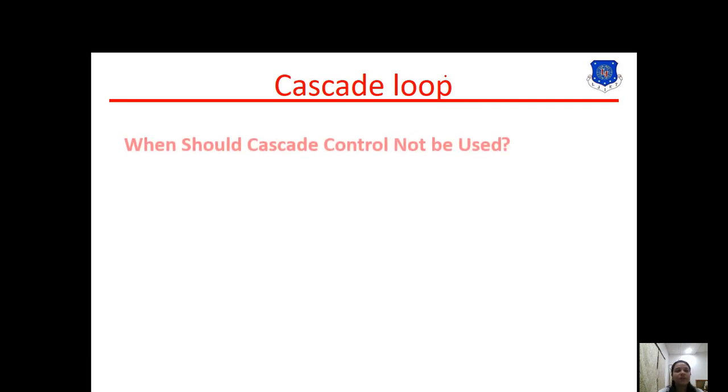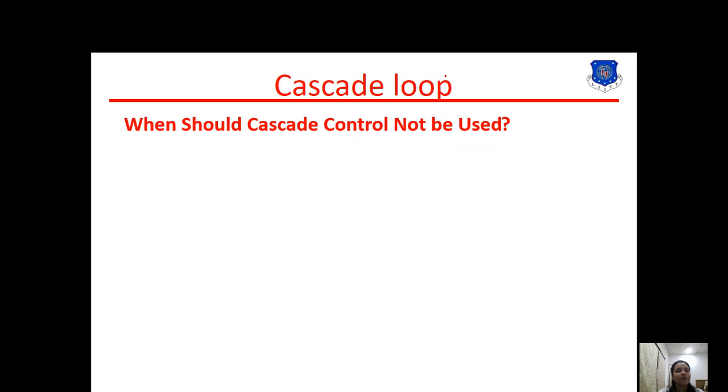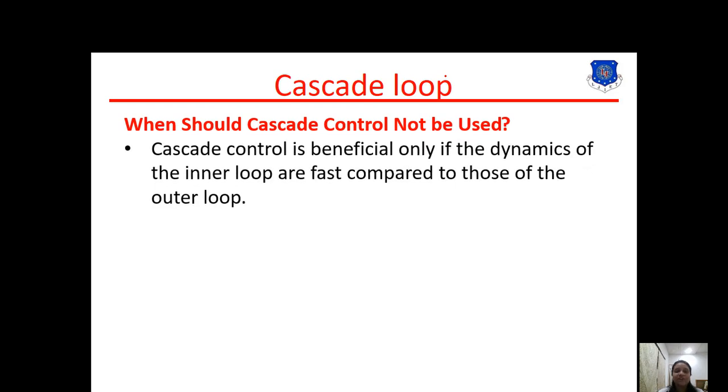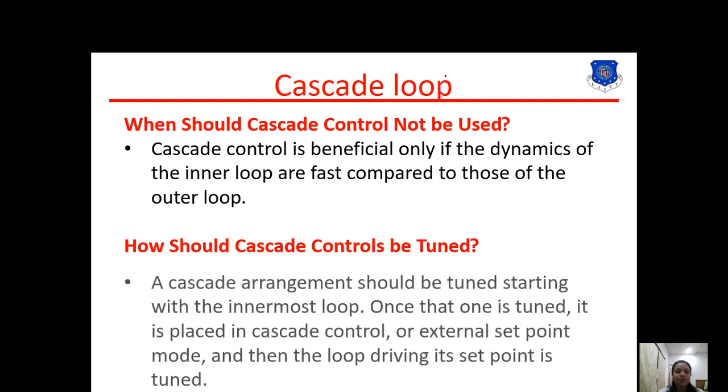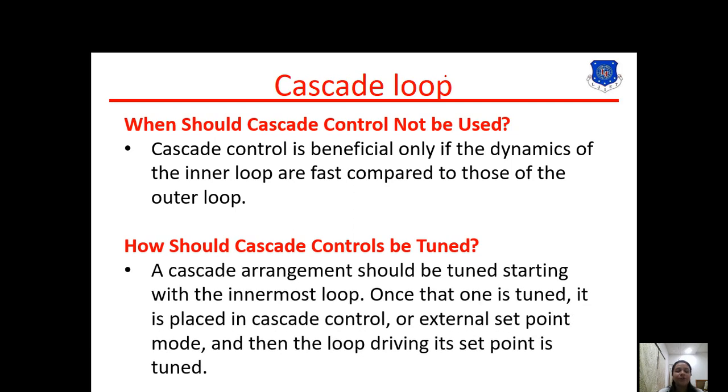Now next: when should cascade control not be used? Cascade control is beneficial only if the dynamics of the inner loop are faster compared to those of the outer loop. Now how should cascade control be tuned? A cascade arrangement should be tuned starting with the innermost loop.